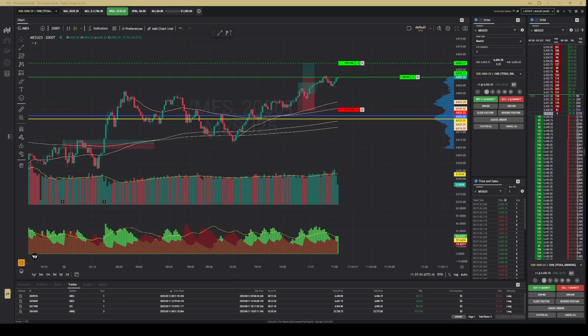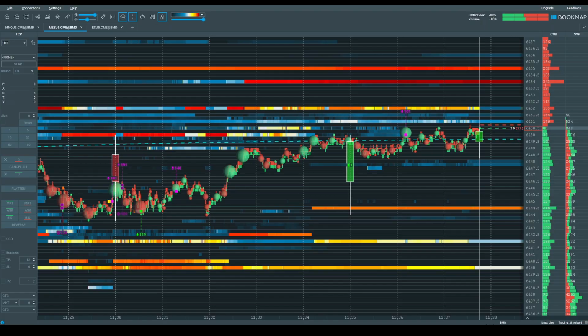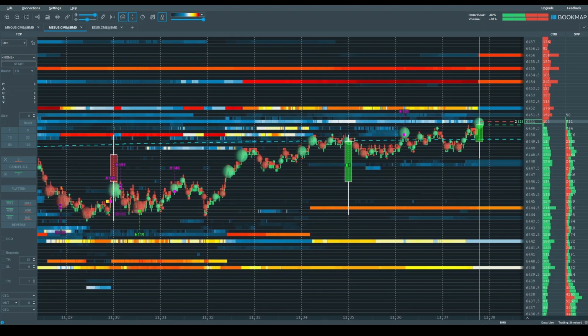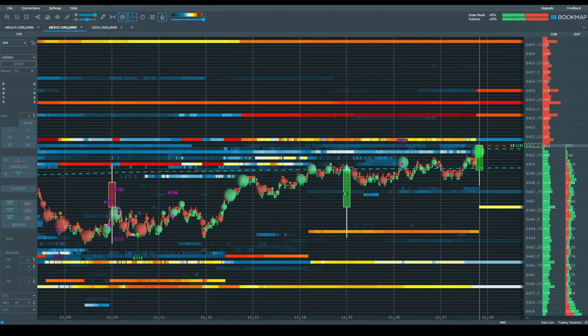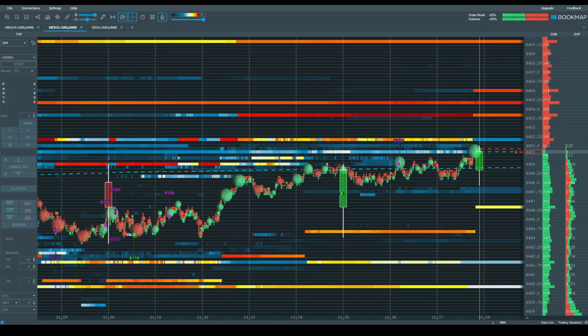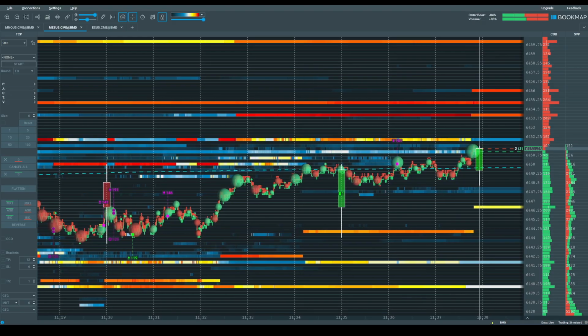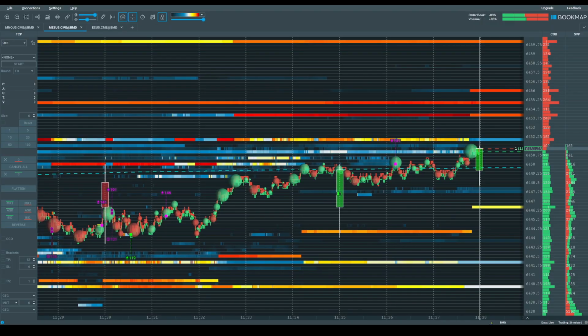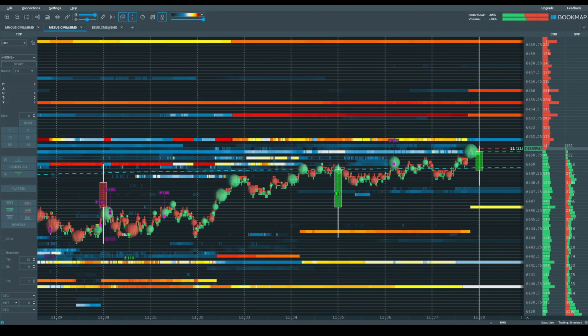Let's just check in before I pause back into Bookmap again. It looks like we're moving up. Buyers have control, and we're pushing. So everything looks good. So I'll pause for the moment, and we'll be back shortly.